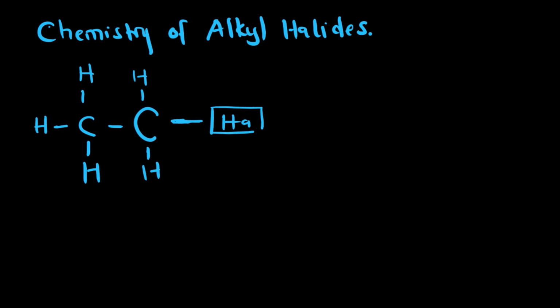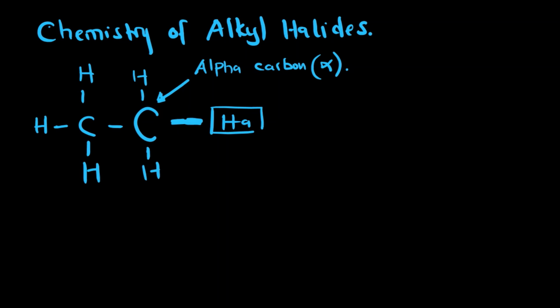Now, this carbon here that is attached to a halogen is what we call the alpha carbon. The carbon that is attached directly to a halogen is the alpha carbon.